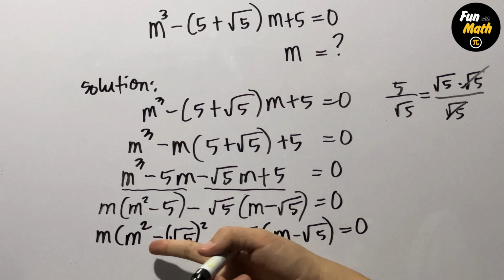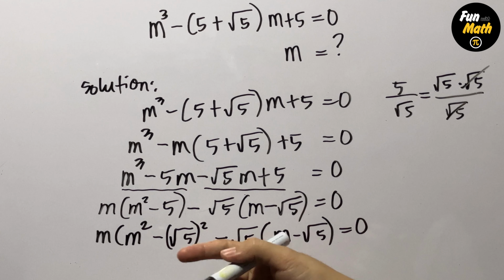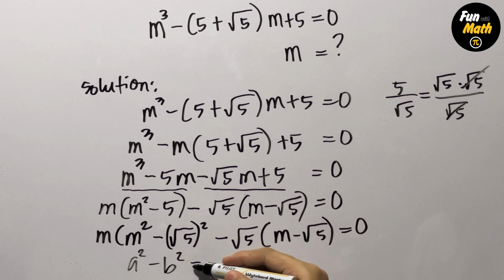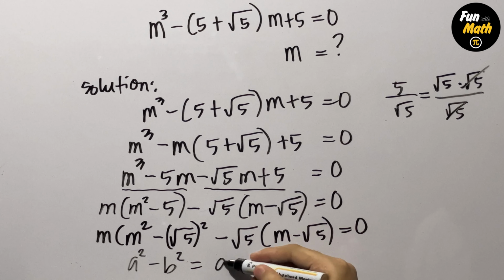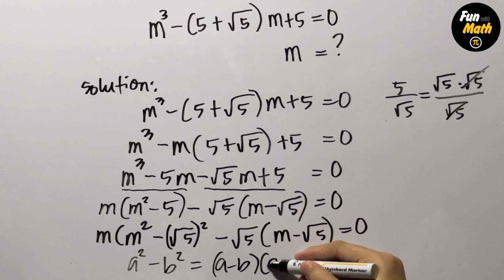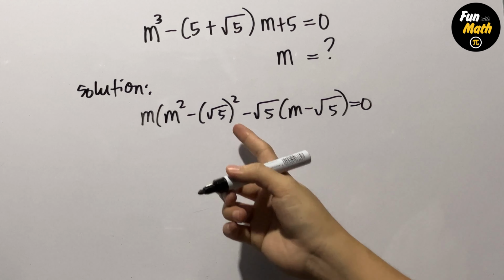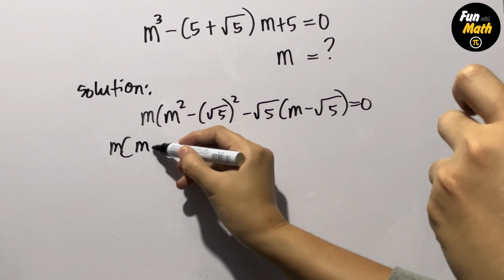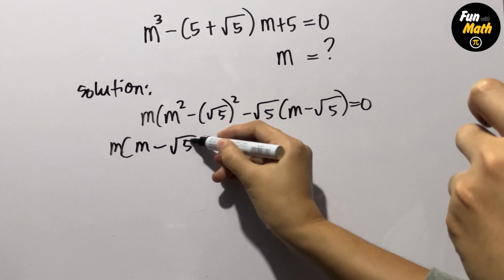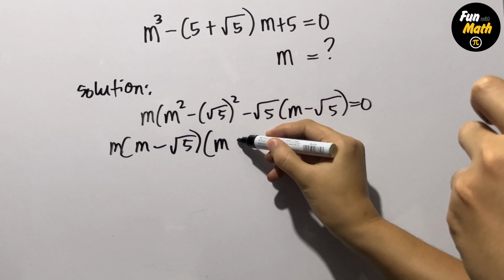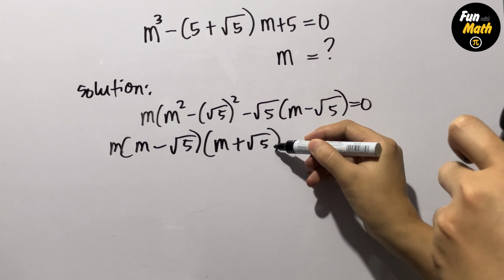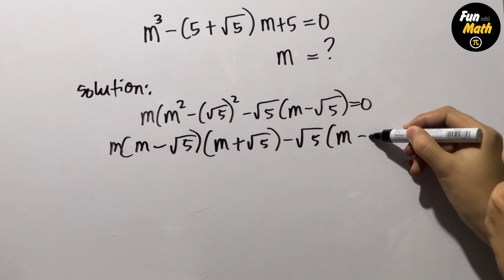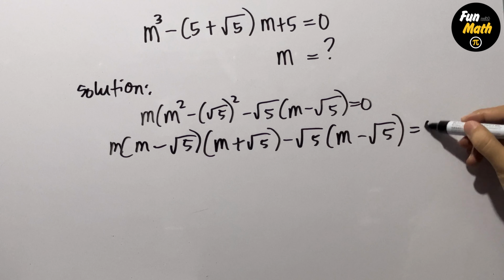Now, if you observe this part, this is an identity, a squared minus b squared, which is also equal to a minus b times a plus b. Now, for this, we can write it as m times m minus square root of 5 times m plus square root of 5, and copy, minus square root of 5 times m minus square root of 5 equals 0.